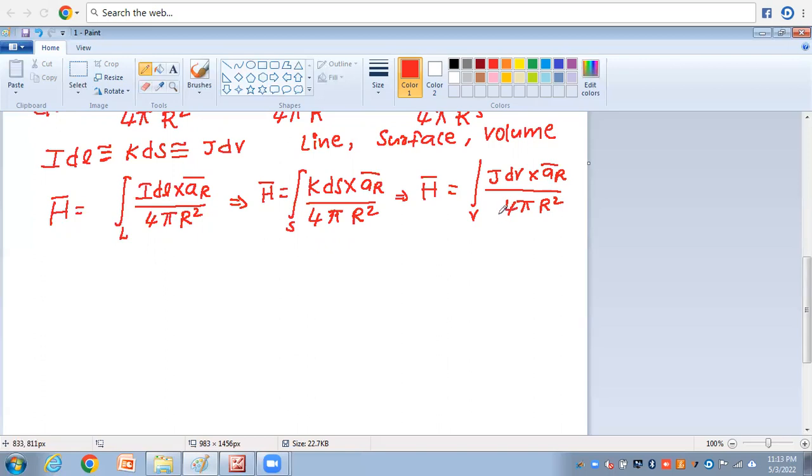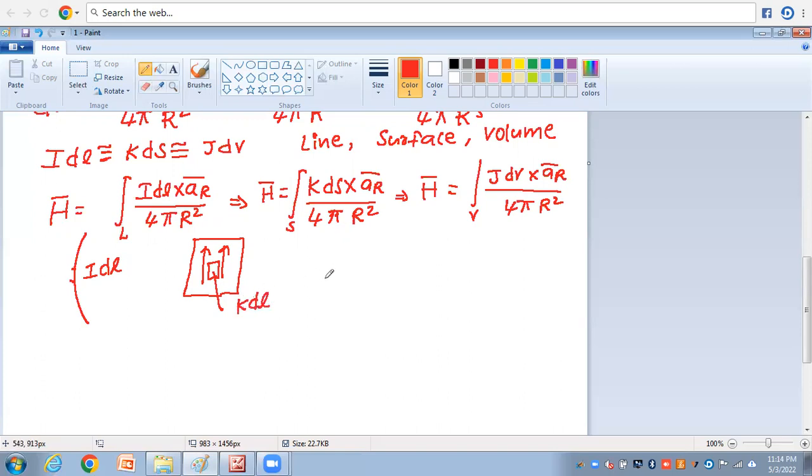Now, if I consider some graphical representation, if it is a line, I may consider a small length. This is called I dl, for the line. For example, if I consider a surface, a very important representation, first I will take the field. So this is called K. Now I will extend this K into dl.